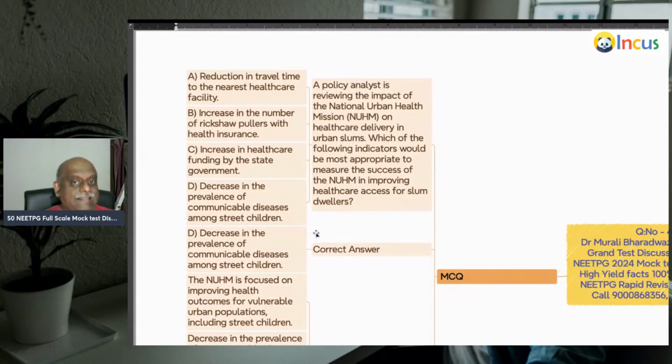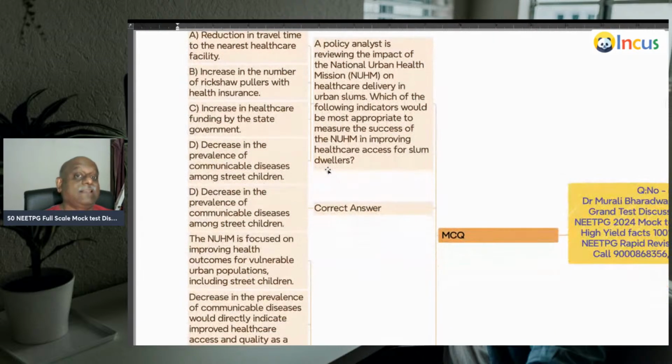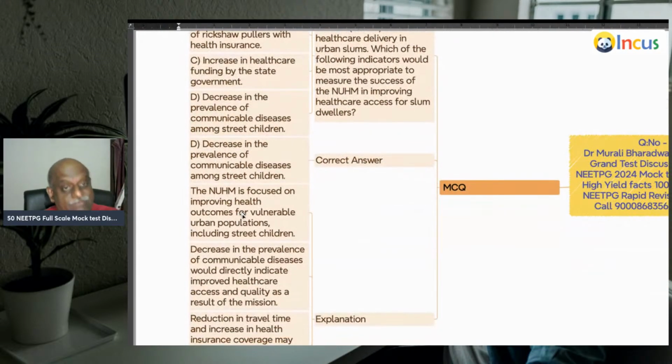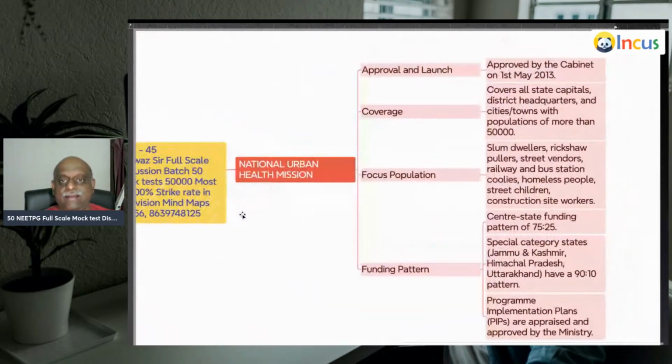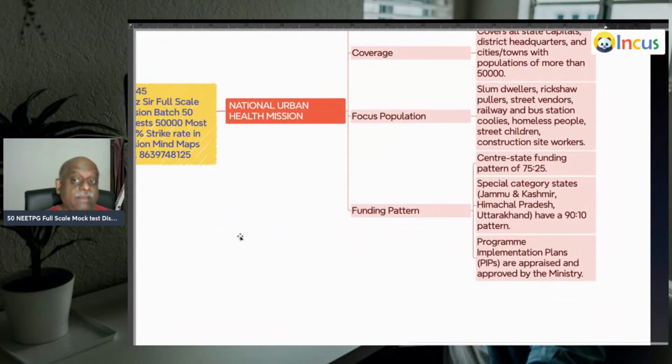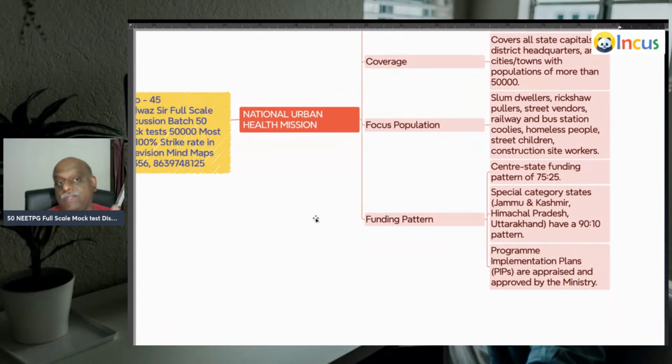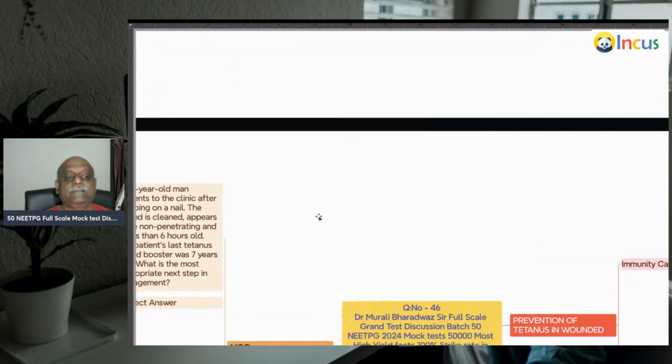National Urban Health Mission: which indicator would be appropriate to measure the success of NUHM? It is the decrease in the prevalence of communicable disease among the street children, by which you can calculate the impact caused by the National Urban Health Mission.